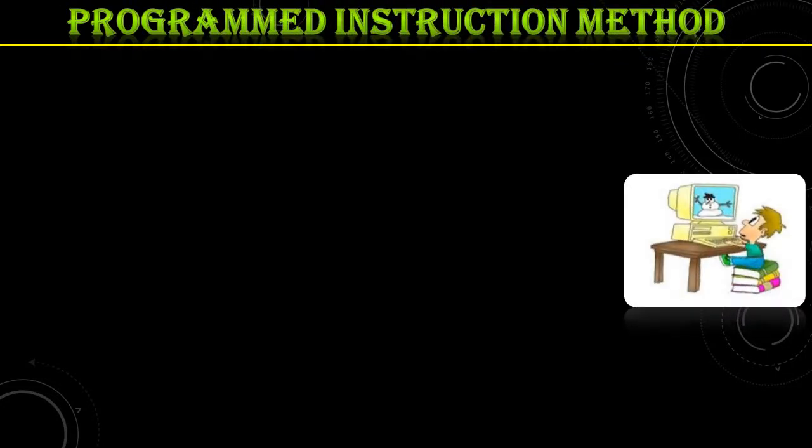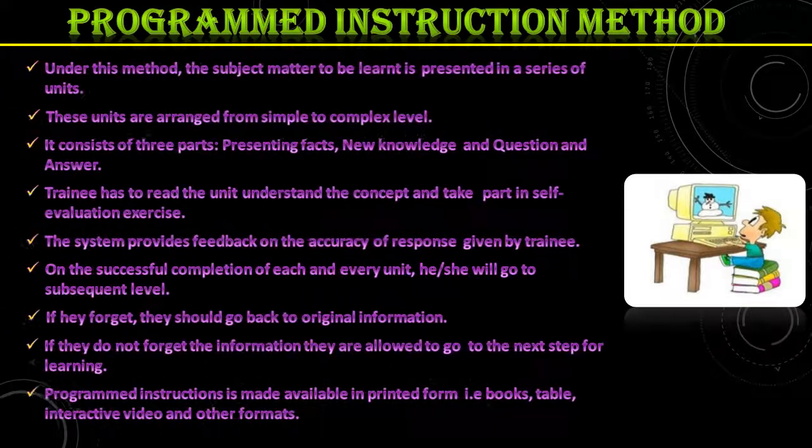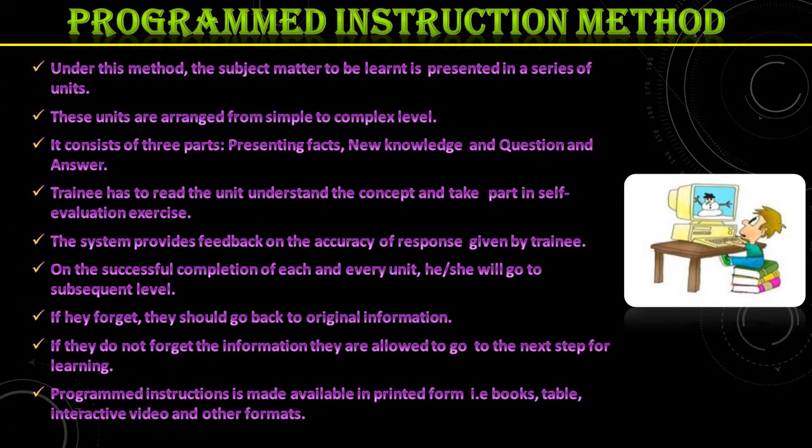See the last method, programmed instruction method. Under this method, the subject matter to be learned is presented in a series of units, unit by unit. These units are arranged from simple to complex level.